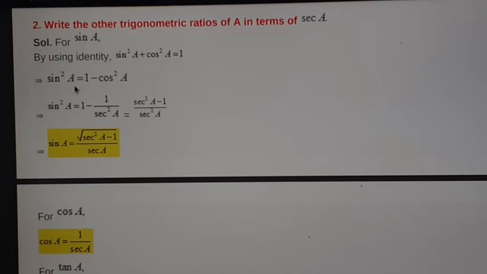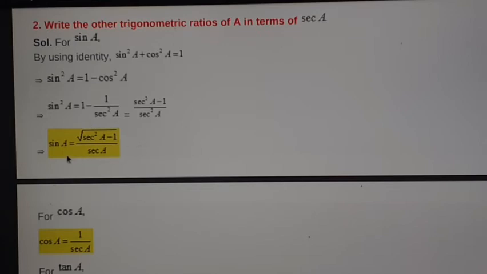So we will transfer and get sin A equal to the square root of 1 minus cos square A. Here we know cos is the reciprocal of sec, so we can substitute the formula of cos, that is 1 by sec. So easily we can get sin A in terms of sec A.